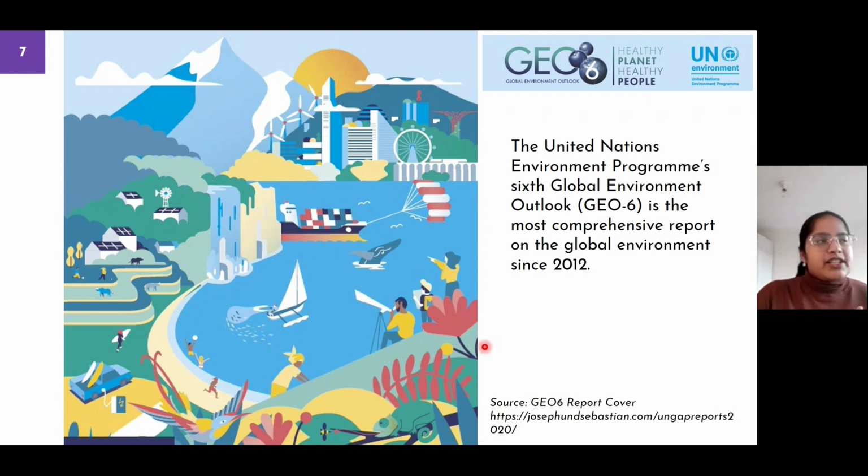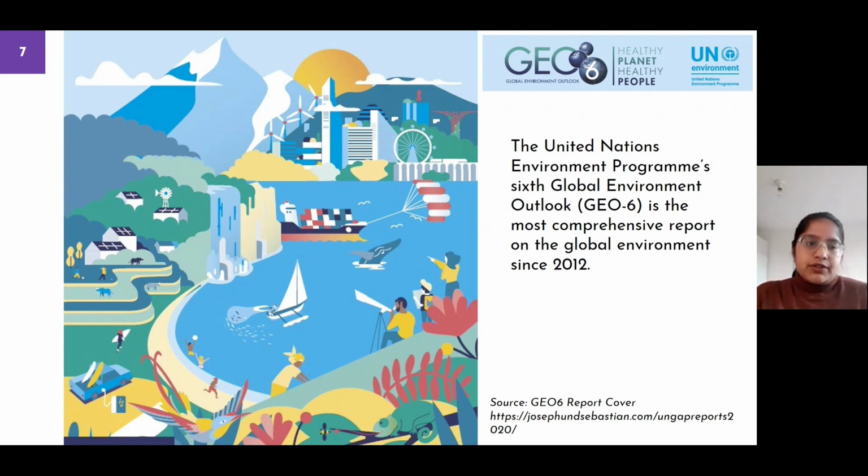This is just to identify the different elements of environment and how they are interconnected with each other. The report talks about all of these different elements of environment interacting and communicating with each other, and provides a comprehensive explanation of the effects of climate change and how environment is being affected by human induced activities.